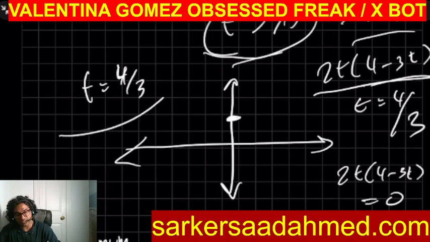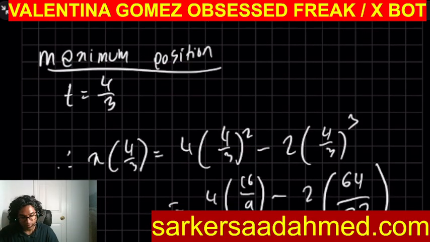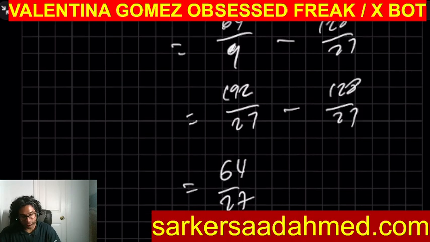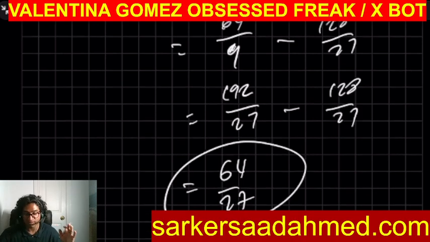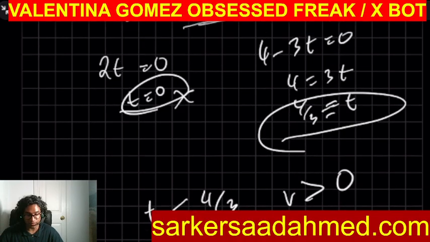One thing to note is that at t equal to 4 by 3, velocity is 0. To calculate the maximum position, you know that t is equal to 4 by 3, so you do all that and get 64 by 27. This is the maximum it can go: 64 by 27 meters.